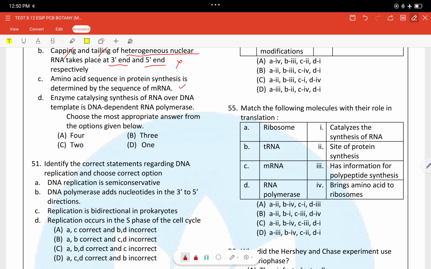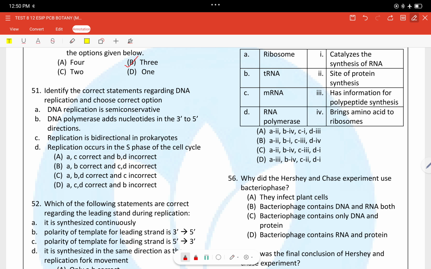The enzyme catalyzing synthesis of RNA over a DNA template is DNA-dependent RNA polymerase, that is also correct. This is the enzyme used in transcription. Next is DNA replication is semi-conservative, correct. DNA polymerase adds nucleotides in 3 prime to 5 prime direction, that is incorrect because it should be 5 prime to 3 prime.